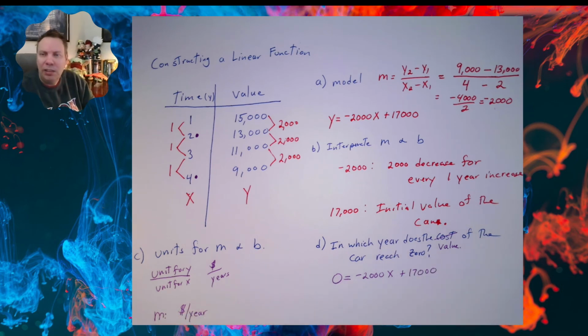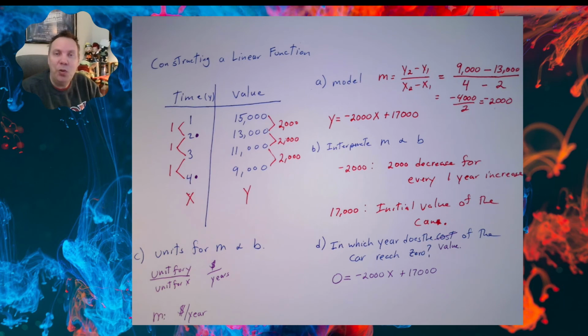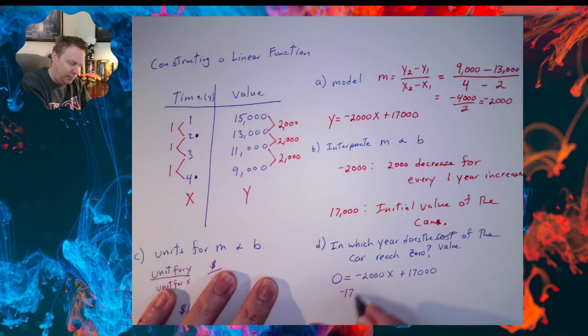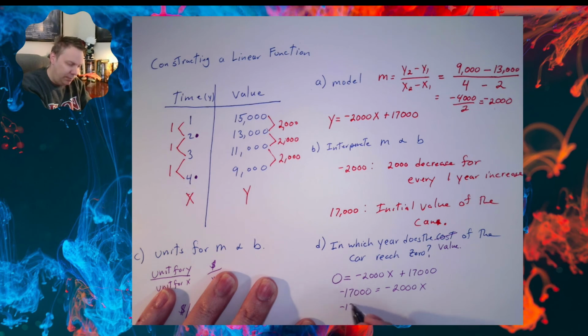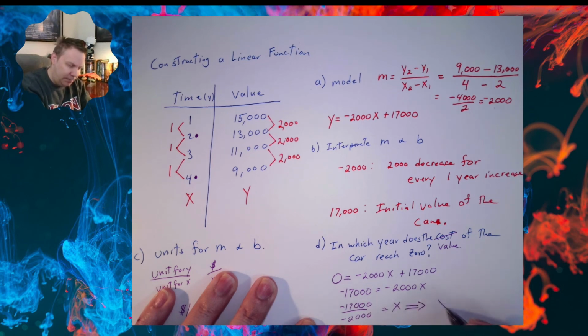In other words, I have this equation I want to solve for x. So I can bring the 17,000 to the other side. And then divide by negative 2,000. And what does this get us?